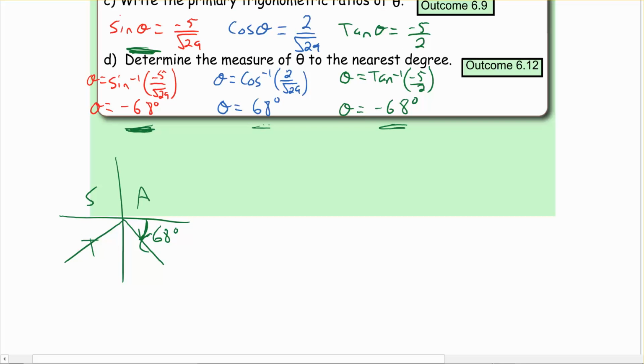If you think about the next one over here, I'll make that in blue maybe. And look at CAST. If I look up here, it was positive 2 over square root 29, so positive. So it knew that it was either there or there. The calculator gave us positive 68 because it said, well, that one. It knows that there's two answers, but it just picks the closest one.